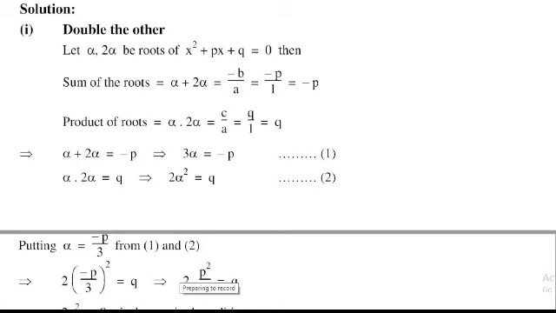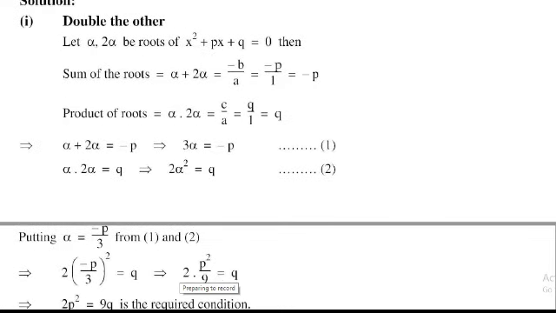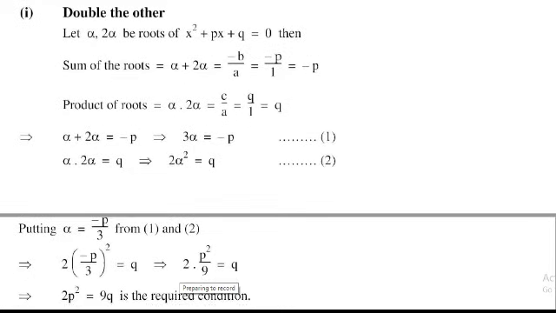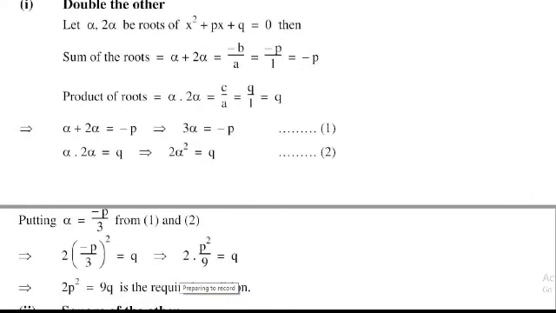So 2 dot p square divided by 3 square, that is 9, is equal to q. By cross multiplication, 2p square is equal to 9q, is the required solution.